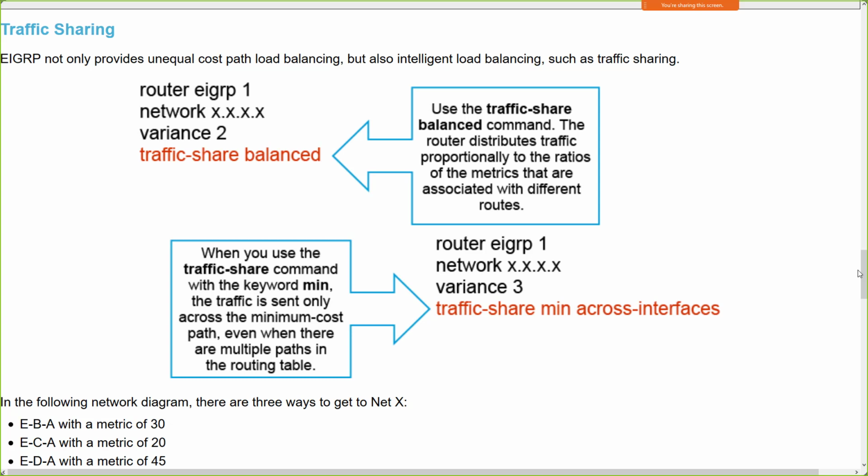However, bandwidth is not considered. So if the top path is a gig and the bottom path is 100 meg, we're going to get something called pinhole congestion, where basically we're doing per packet load balancing, but we're taking the least common denominator, if you will.